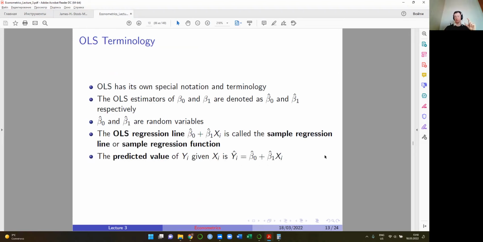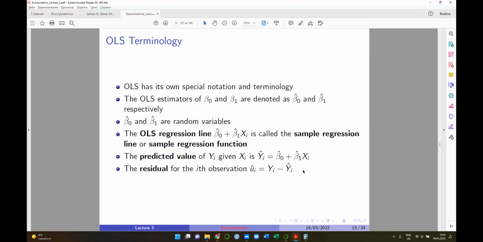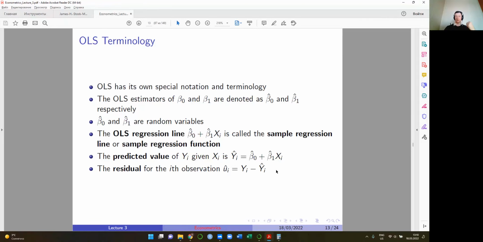So this is the predicted value. And the difference between observed value and predicted value is called the residual, u hat. So the residual is the vertical distance between observed value and predicted value. And this is something similar to what we discussed in the last lecture.